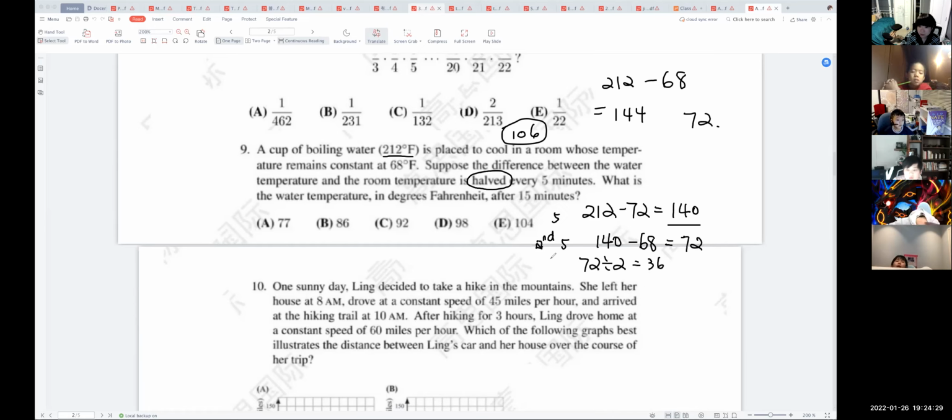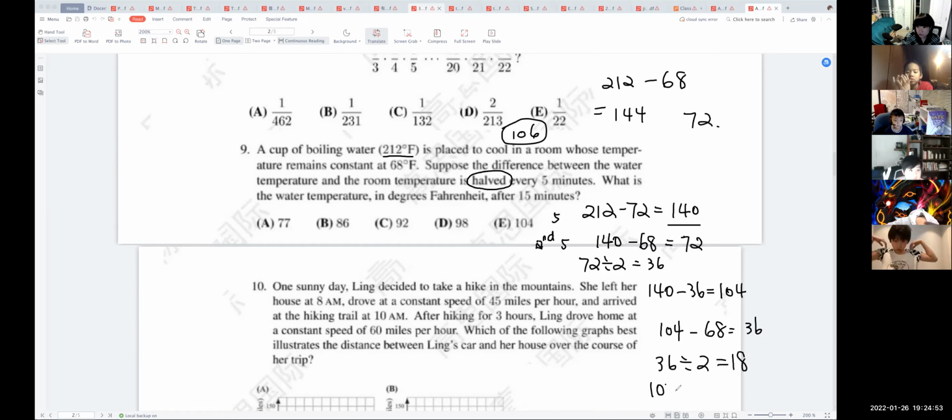So at this moment, after another 5 minutes, the water temperature will drop to 104. So let's count the last 5 minutes because they want to calculate after 15 minutes. So 104 minus 68 equals 36. So 36 we need to divide by 2 equals 18. So 104 minus 18 equals 86. So the answer is B.